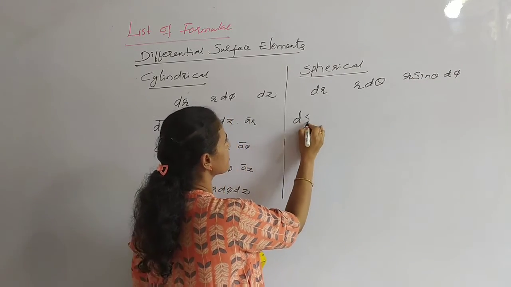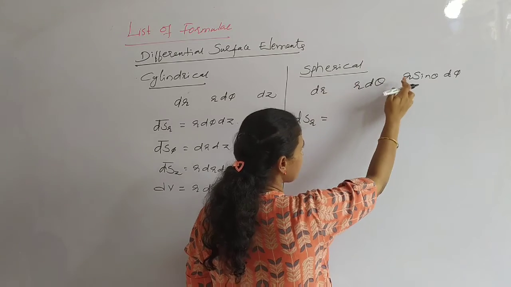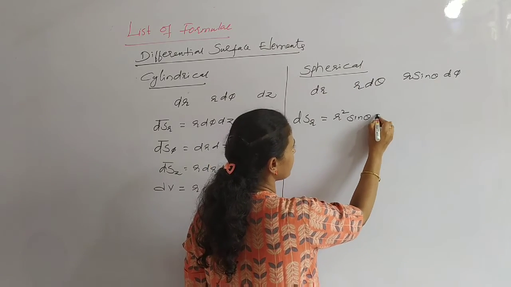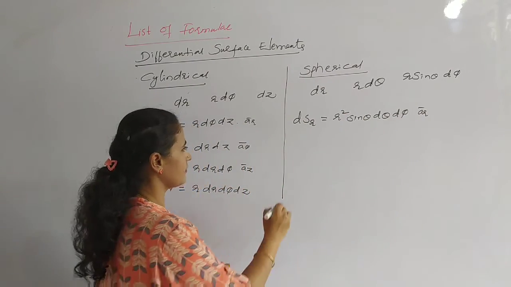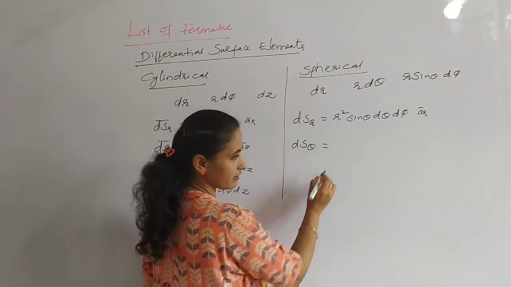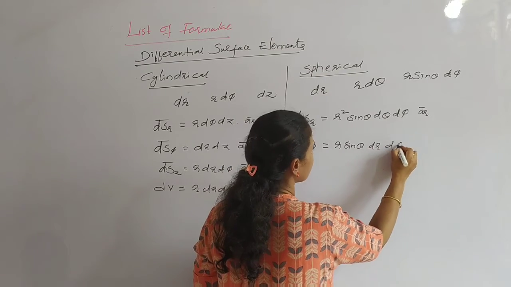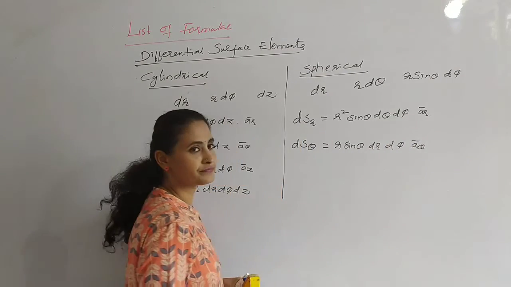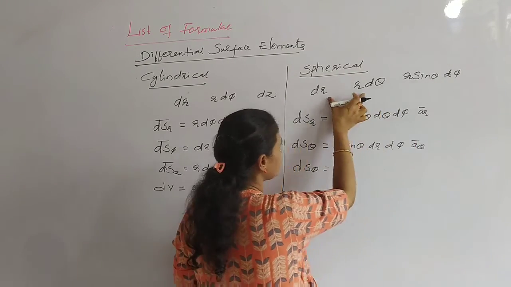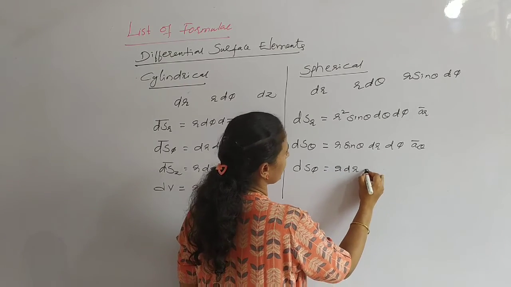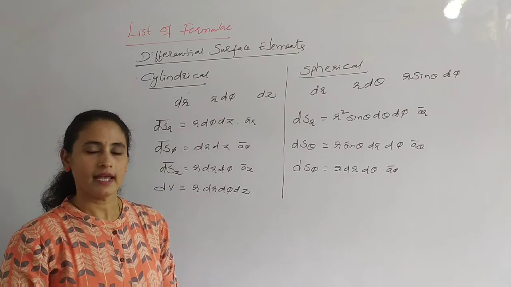The differential surface normal to r is r square sin theta d theta d phi a_r. The differential surface normal to theta is r sin theta dr d phi a_theta. The differential surface normal to phi is r dr d theta a_phi. These three are the differential surfaces in spherical coordinates.